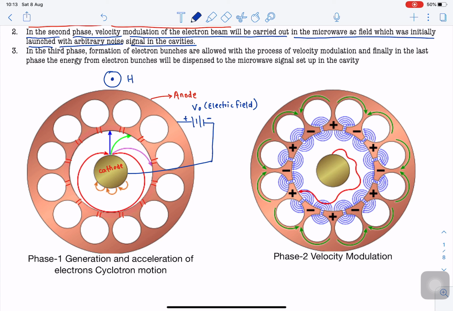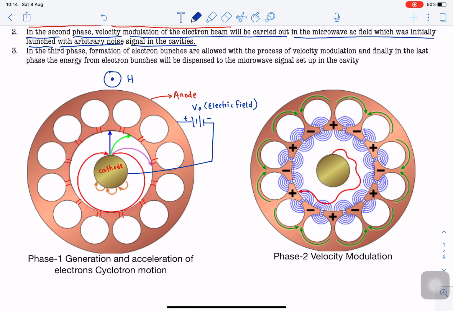By momentarily introducing some small microwave signal, or even the small microwave signal is not at all required. The noise which is inherently present in the cavity formed between the split anode and cathode of this cylindrical cross section will itself set up a signal, and this signal is going to cause the velocity modulation of the electrons released from the cathode.